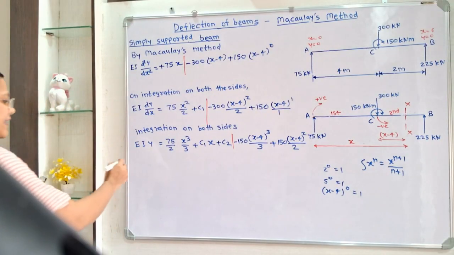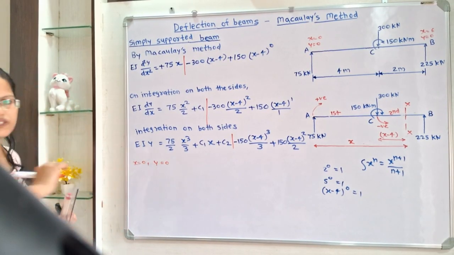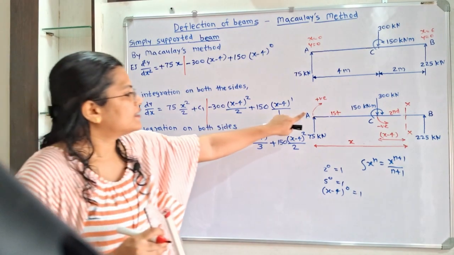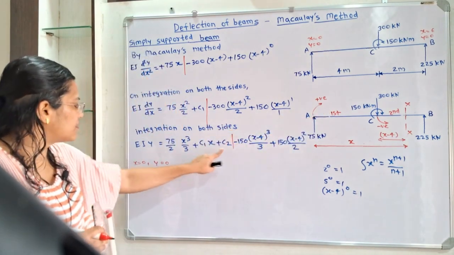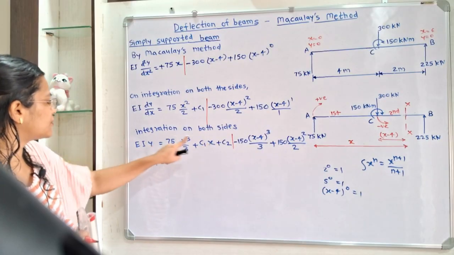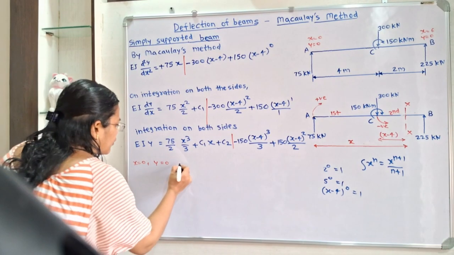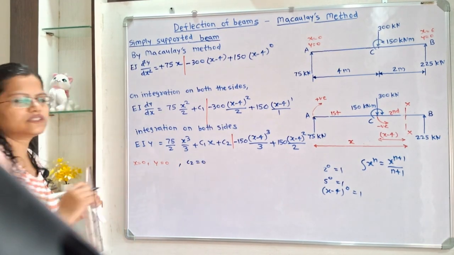So first we will take x is equal to 0, y is equal to 0. This point A is in the first part, so we will consider only this part. So when we put x is equal to 0, y is equal to 0, then we will get the value of C2, C2 is equal to 0.